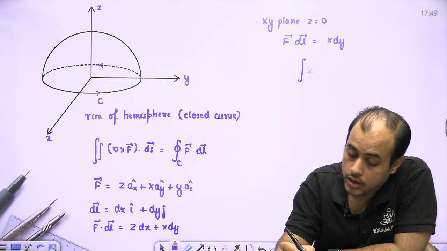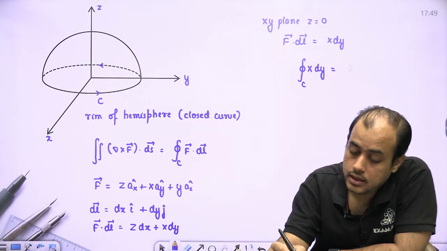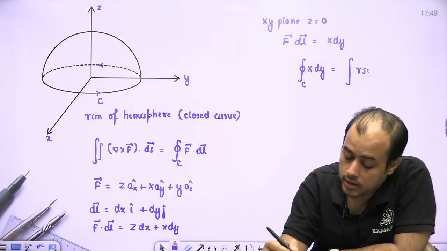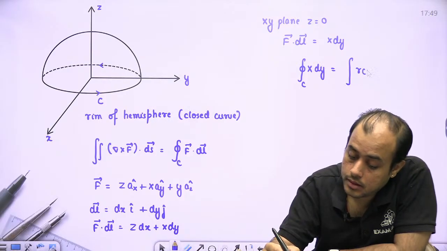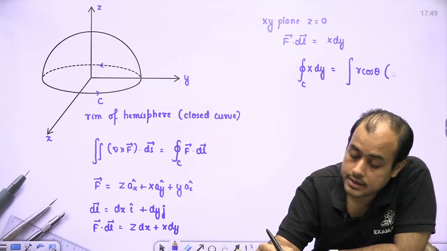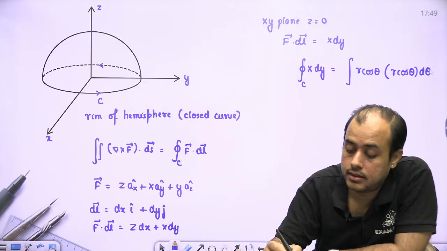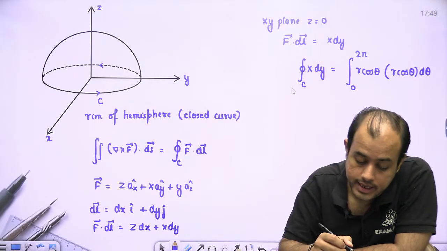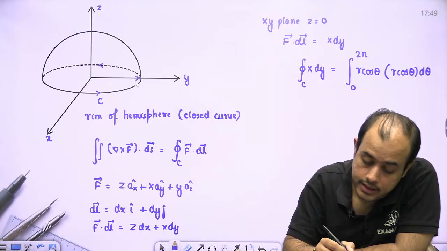Now when you want to integrate x dy over a closed curve C, do one thing. Write x as r cos theta. y is r sin theta. So the derivative will be r cos theta d theta. Now theta will go from 0 to 2 pi and radius will be 1.